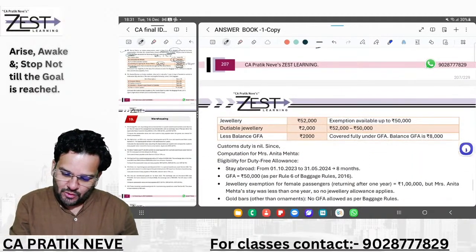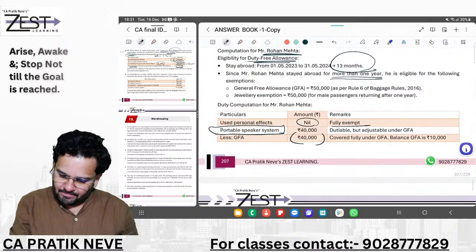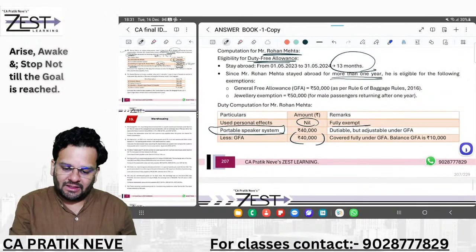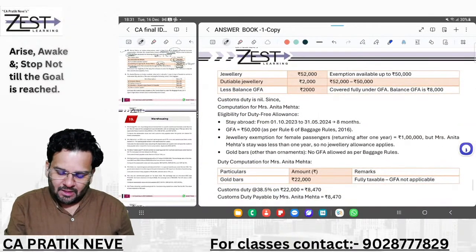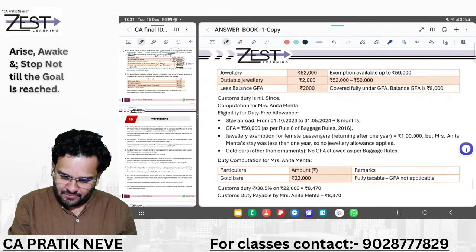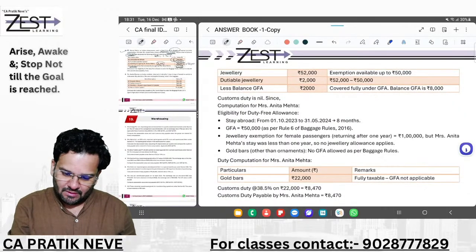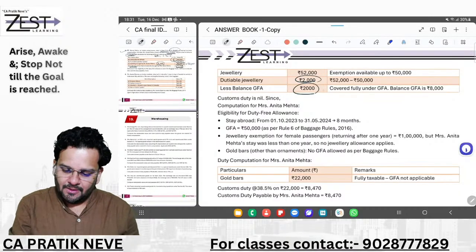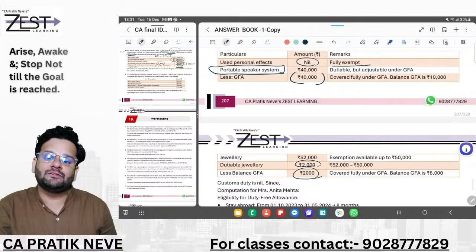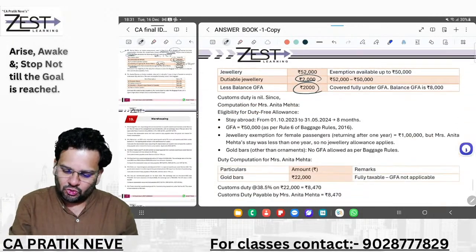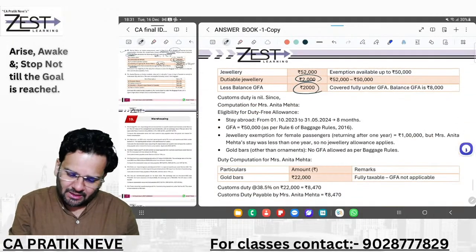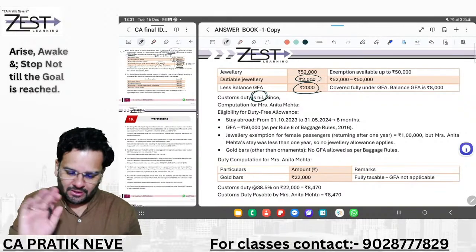Okay. Jewelry. Anyways, Rohan Mehta will not pay any tax. And by the way, that 2,000 also will not be taxable because there was still a GFA remaining. I will show you the working. So for Rohan Mehta, nil will be the duty.